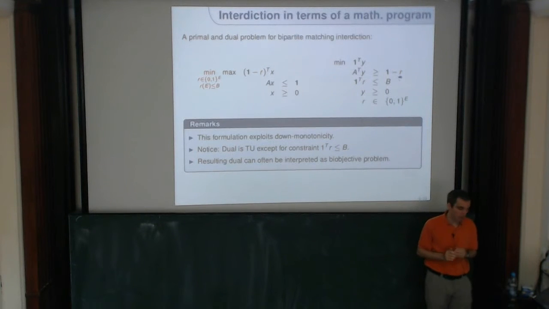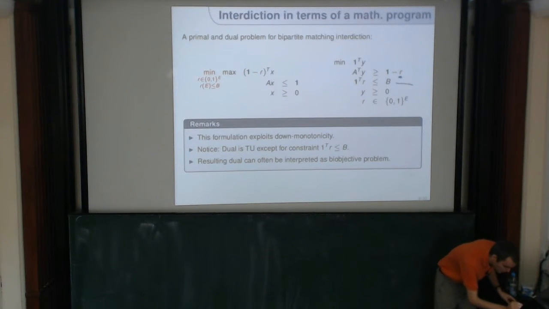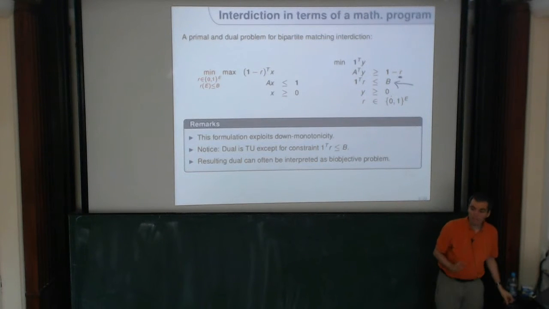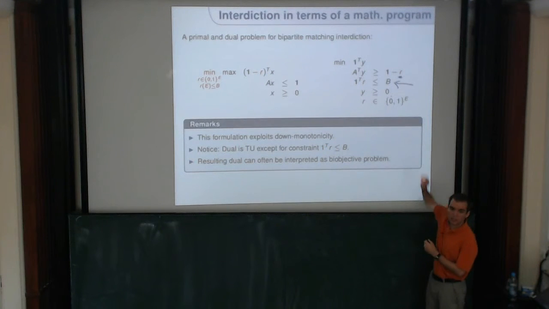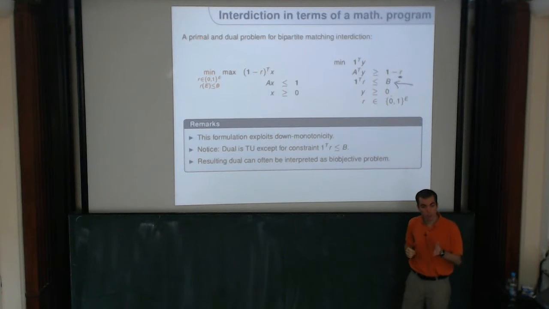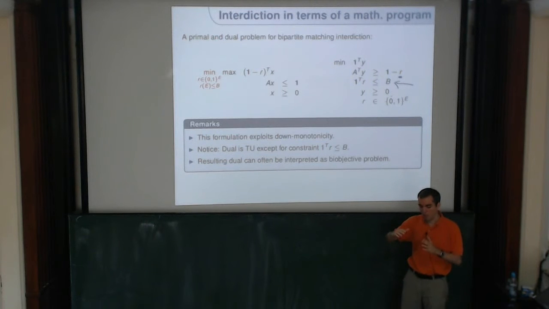One thing that I find interesting is if you look at the dual problem, it's almost a TU problem. Keep in mind that the decision variables are y and R. However, apart from the budget constraint, the whole remaining system is a TU system, because it's just the matrix A transpose, and you have an identity matrix there for R. So a lot of those problems, and this is also true for network flow interdiction, can be captured by a problem where you want to optimize over a TU polytope with just a single additional constraint.